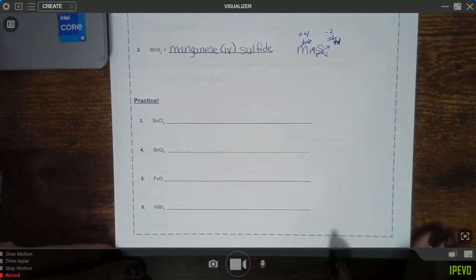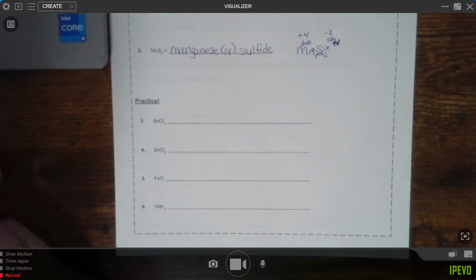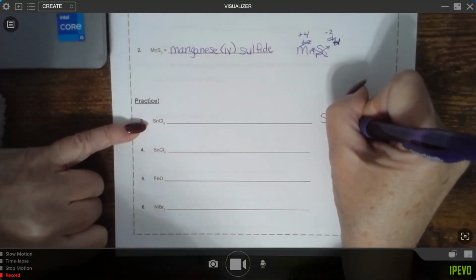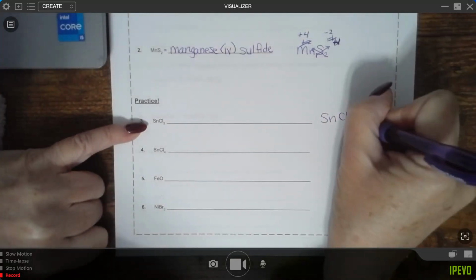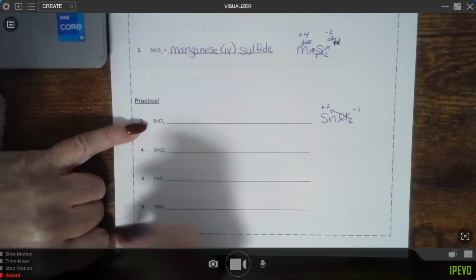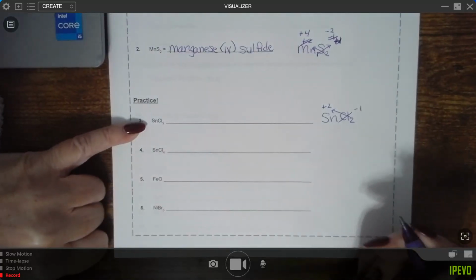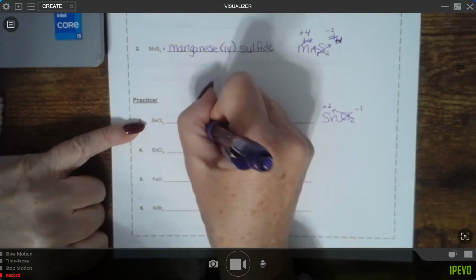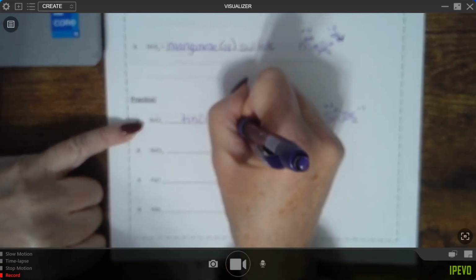All right, so how did you do? Let's check it out. So SnCl2, I'm going to reverse crisscross that. The 2 comes up here as a plus 2 and minus 1. Chlorine is a minus 1 anion, so this is going to be tin 2 chloride.